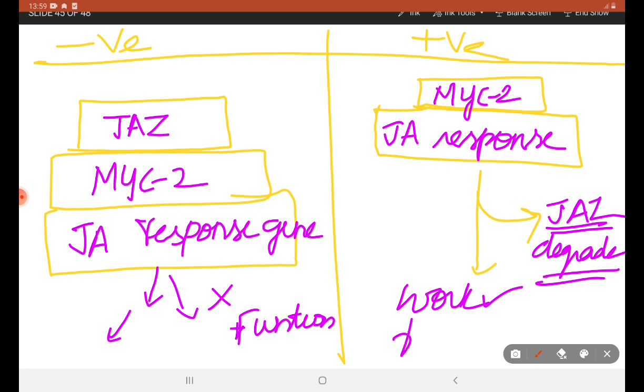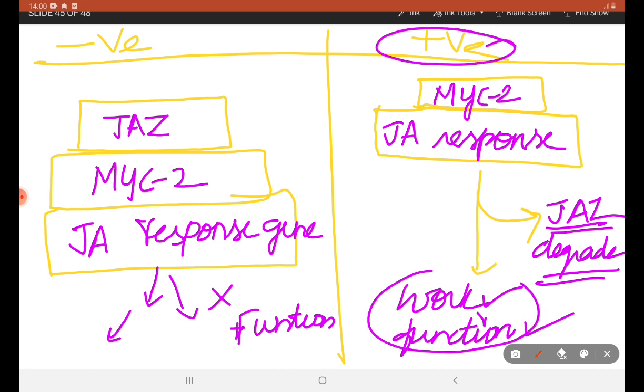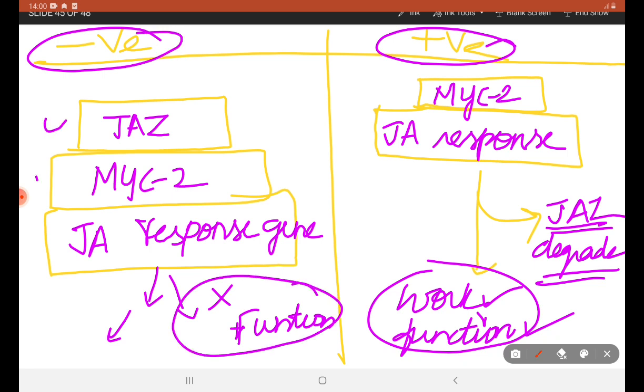Work occurs, function occurs. These are the basic differences. In the presence of jasmonic acid, function will occur. In the absence of jasmonic acid, function will not occur. This is the signaling pathway.